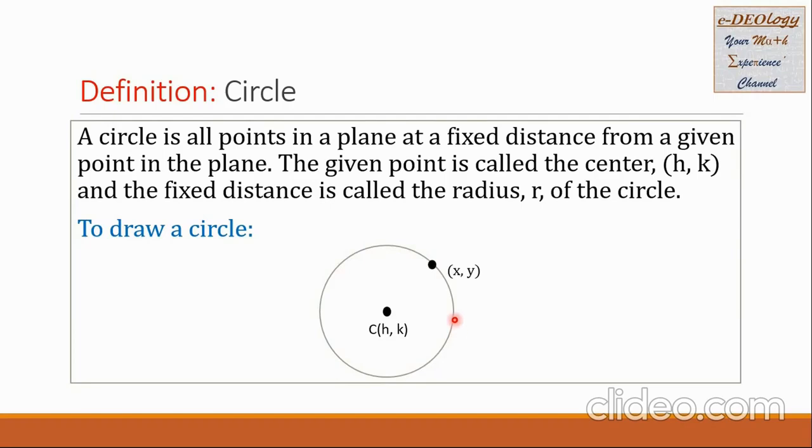On the circle, I'm going to pick one point and put the coordinates (x, y) to represent all the points of this circle. And if I get the distance of C and (x, y), that is the radius, or r.